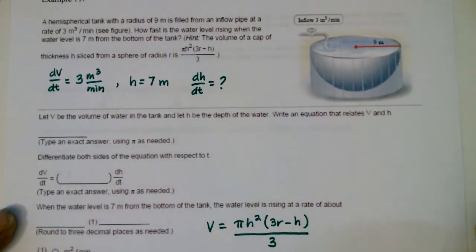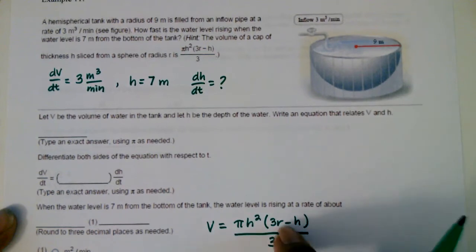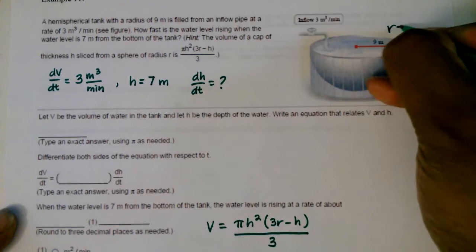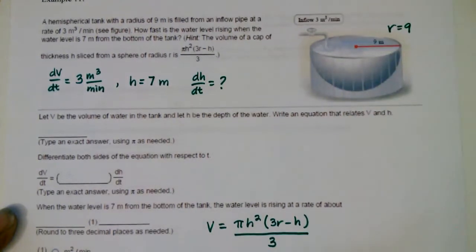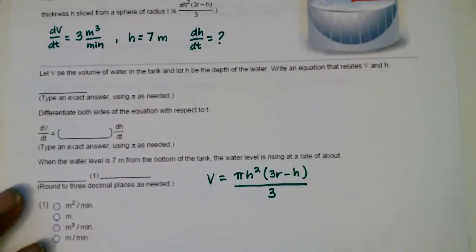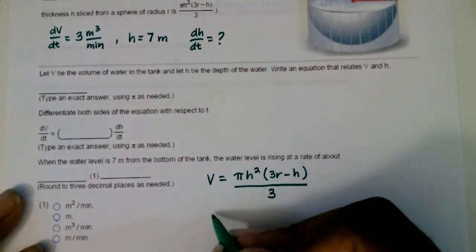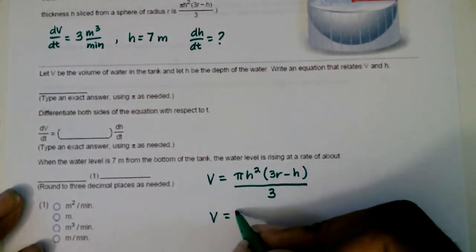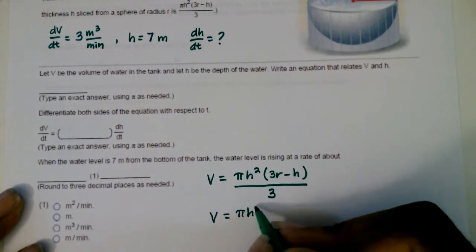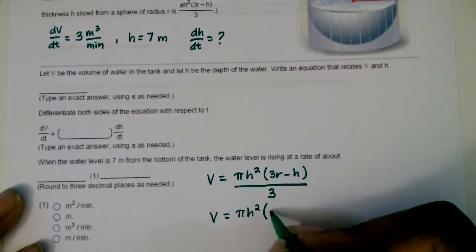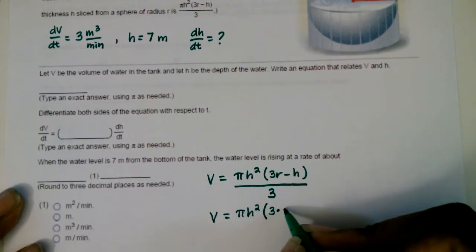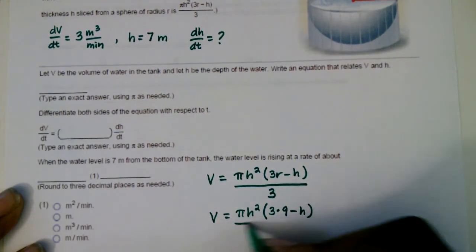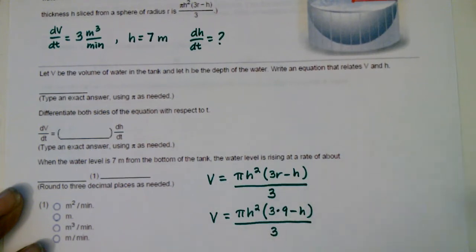That's 9 meters. Let's use that by substituting this r with the 9. R is 9, so let's substitute that r with 9 in this formula for the volume. So that way it will be in terms of h. So it'd be pi times h squared multiplied by 3 times 9 minus h. Whole thing is divided by 3.